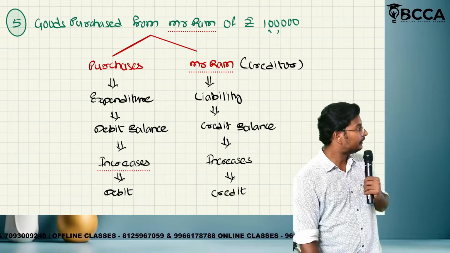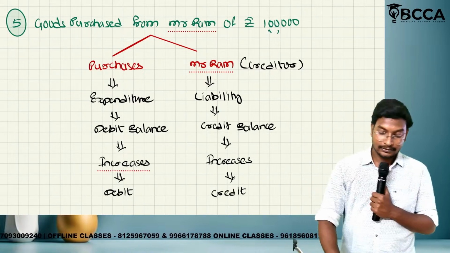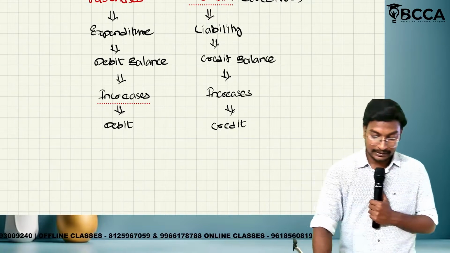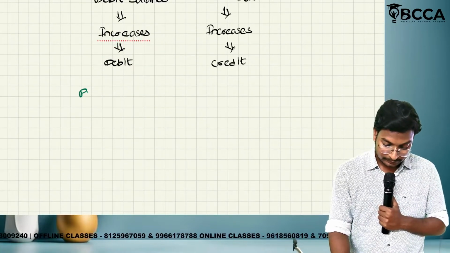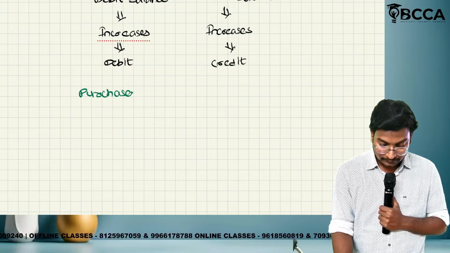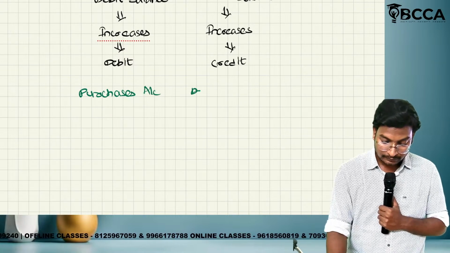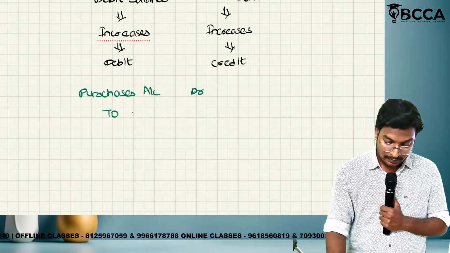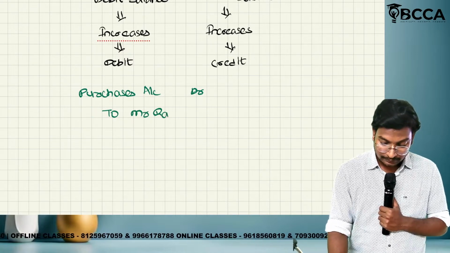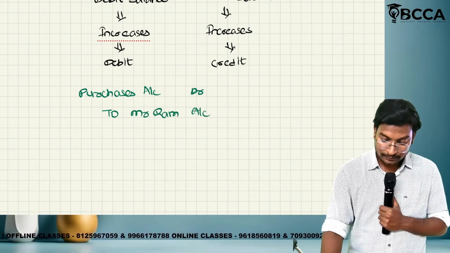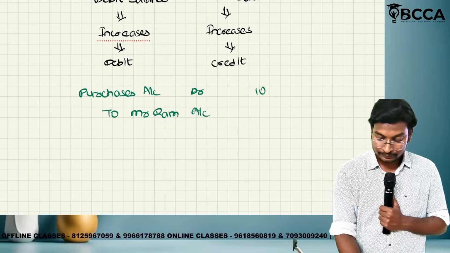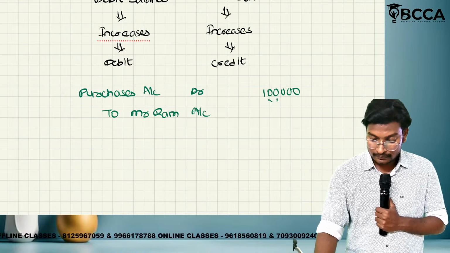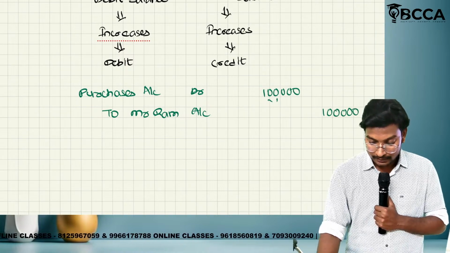So what is the journal entry we will get? Purchases is debited and Ram is credited. Purchases account debit to Mr. Ram account. How much? 1 lakh.